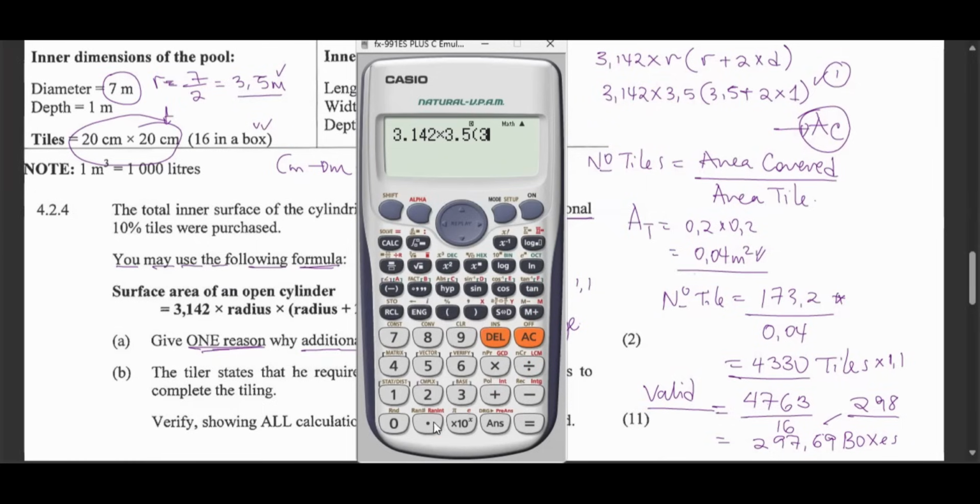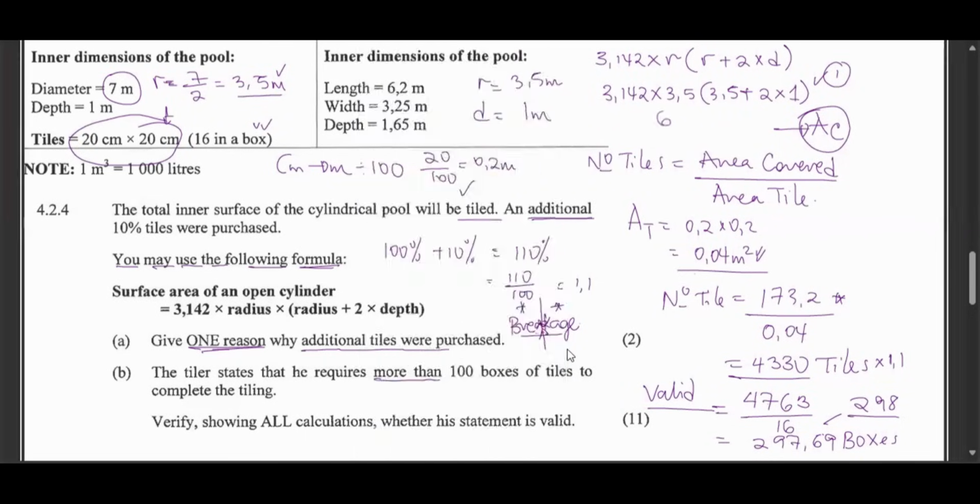Open brackets, 3.5. I'm going back a little bit. 2 times 1. What answer do I get? I have the answer as 60.448. This is the area to be covered. So we are using a wrong area here, but it's fine.